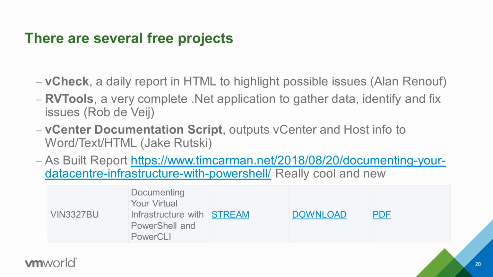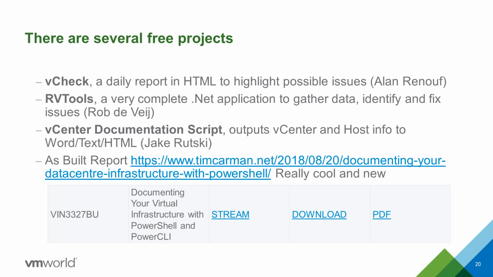There's a couple of other projects, like the vCenter documentation script by Jack Rutsky. I think you can find it if you search for that. And very new, and this came out at the last VMworld, is called the as-built report. That is the session number and the title, if you want to take a look at it. The one thing that I love about the as-built report is, first, it actually creates a document.